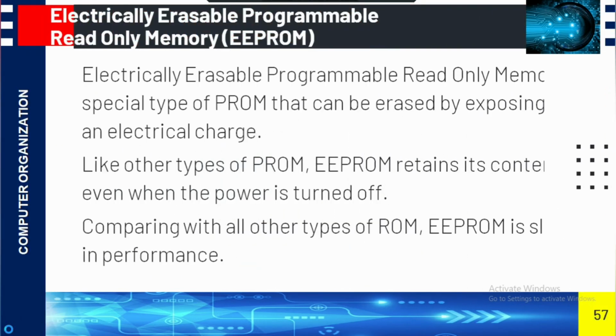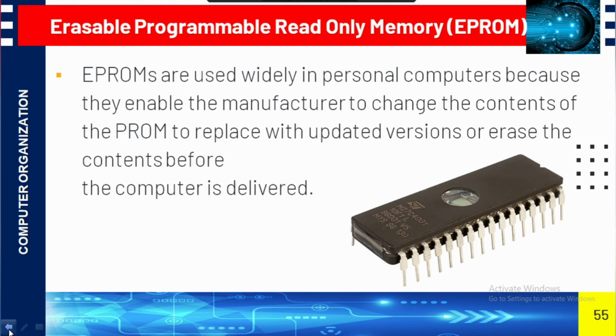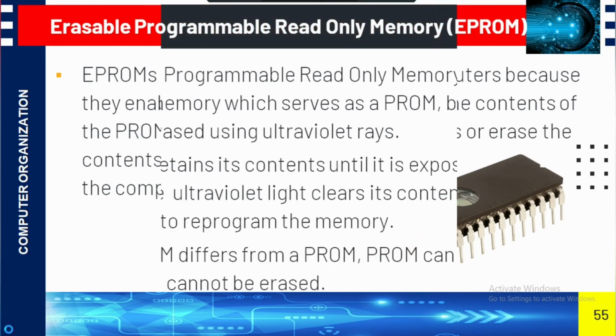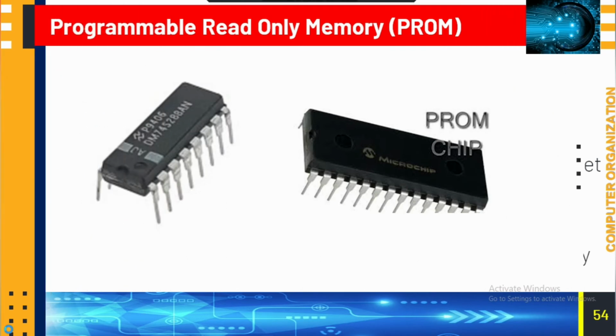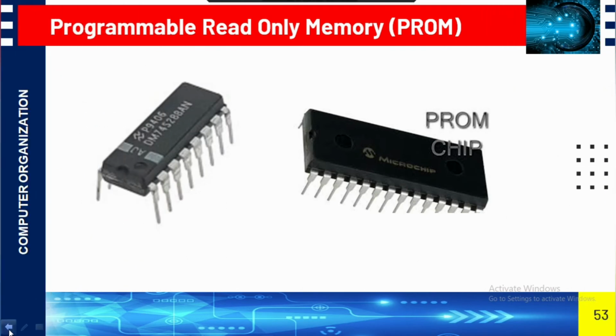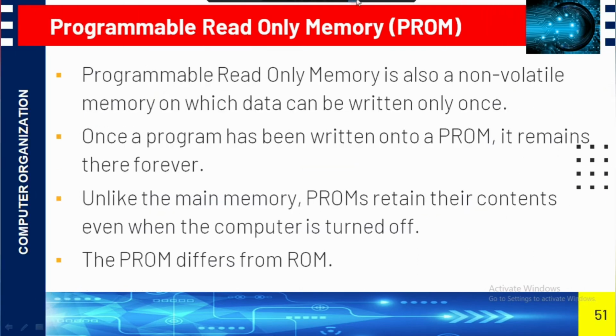First one is ROM, that is read-only memory, and then PROM, programmable read-only memory, and then EPROM, erasable programmable read-only memory, and then EEPROM, that is electrically erasable programmable read-only memory.